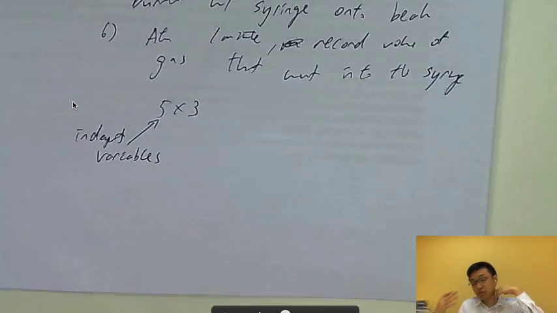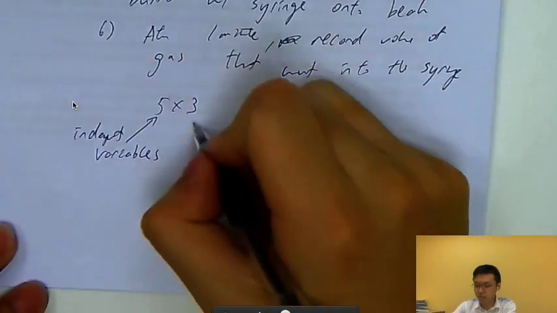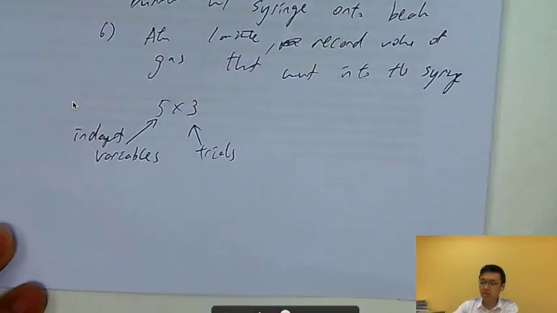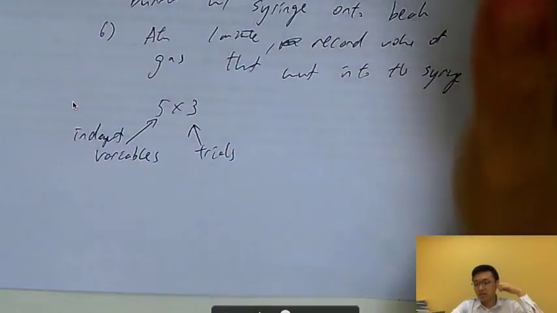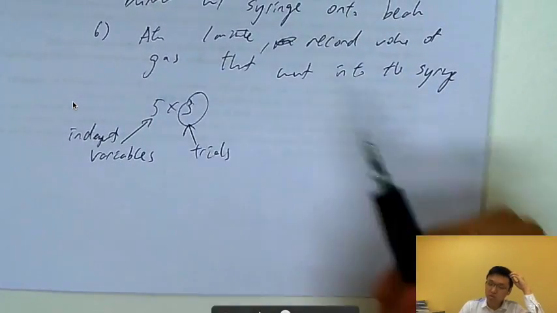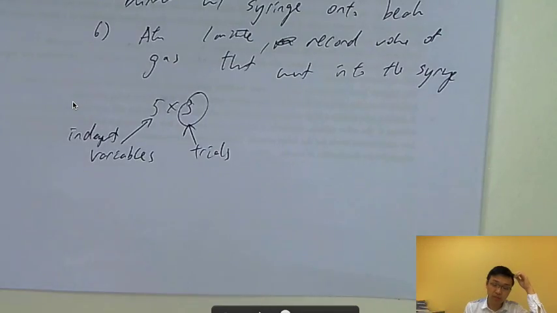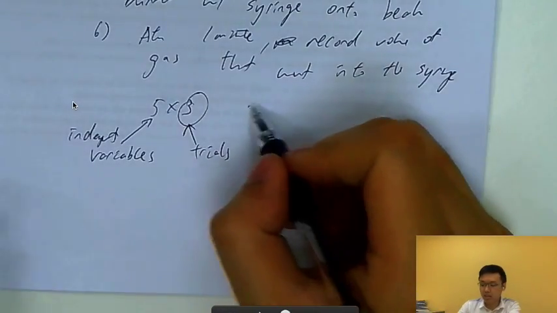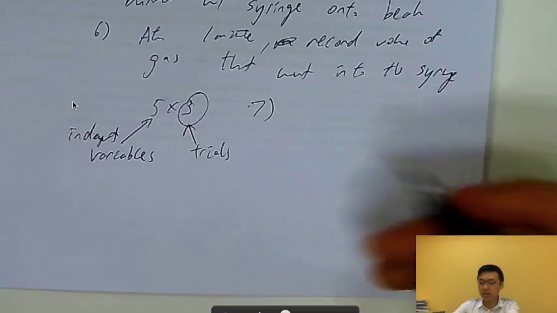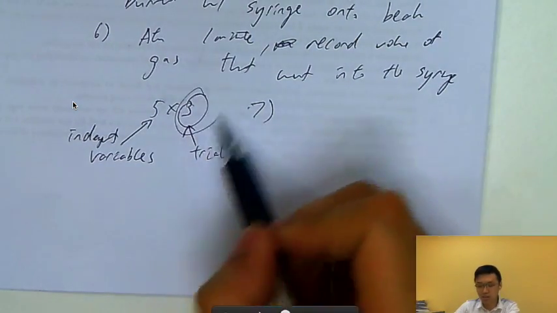Let's say we're looking at the concentration. We have to look at 5 different concentrations and 3 trials. So at the end you can say repeat steps 1 to 6 for 3 times using the enzyme solution of the same concentration. You can write that down like step 7, right? Just repeat using the same concentration of enzyme solution for 3 times. So that's how you get 3 trials.